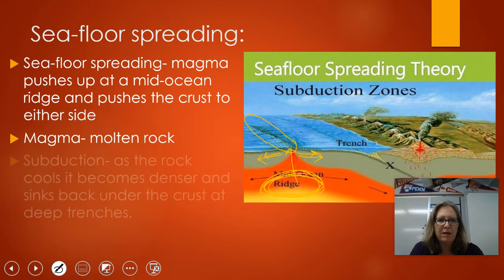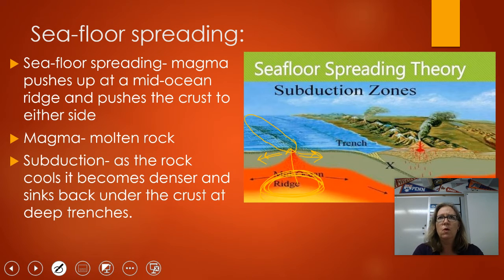There's the definition of magma for you. Well, if this was the only thing happening, we would see the continents getting farther and farther away wherever there was seafloor spreading happening, and maybe crashing into each other again. But we don't see that because we also have a process known as subduction.